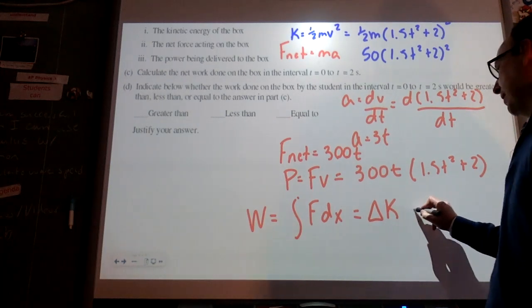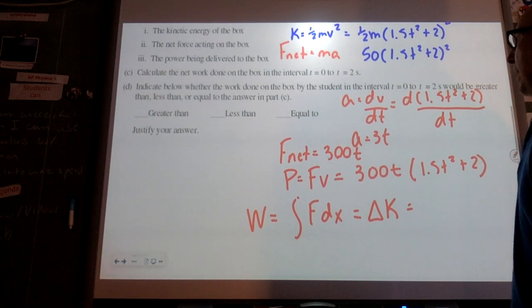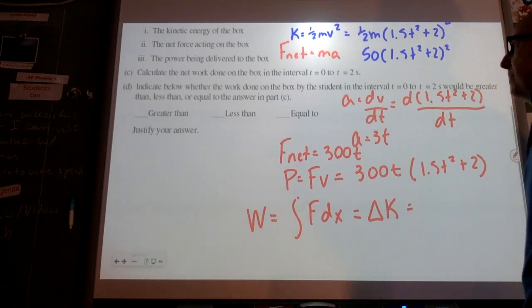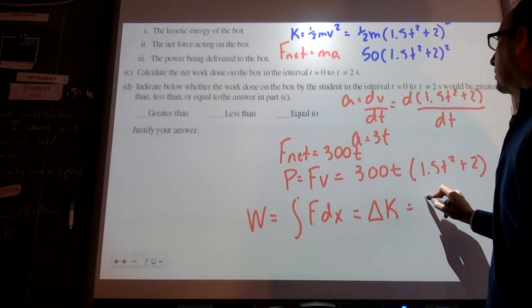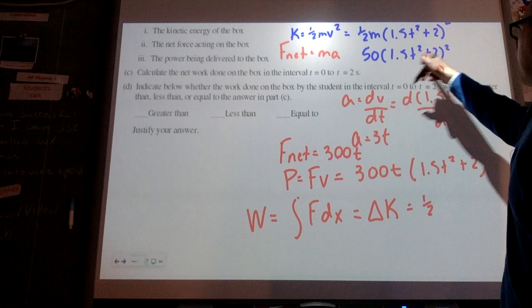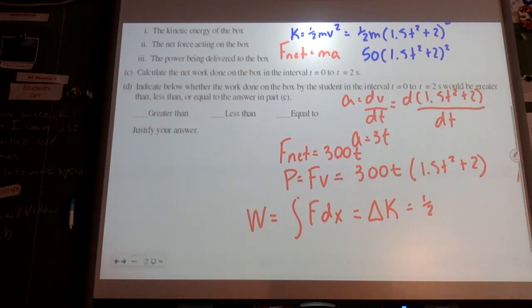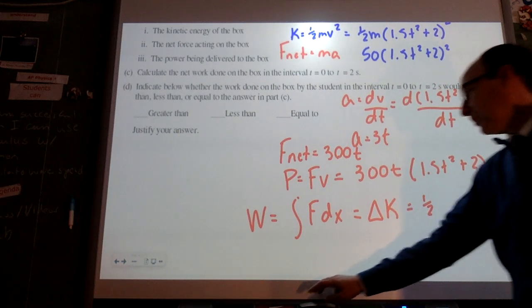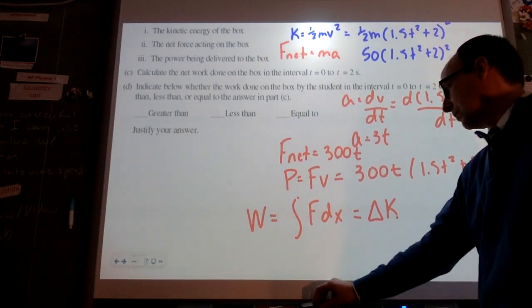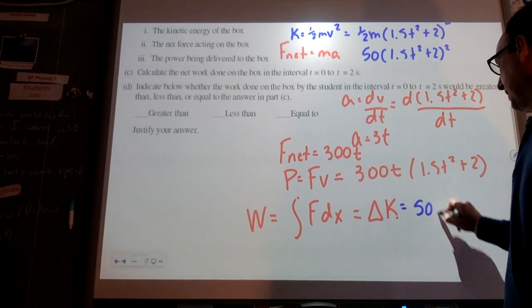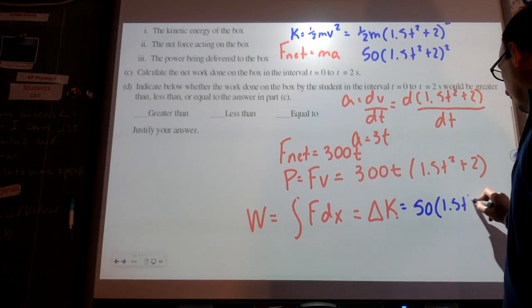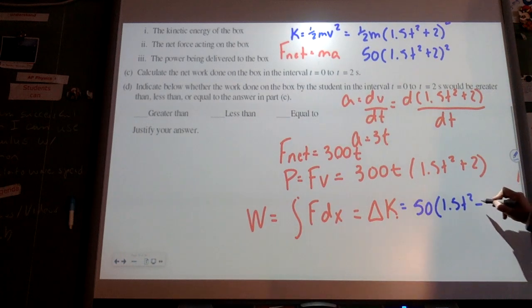So I'm going to have 1/2 mv squared minus 1/2 mv squared. Our kinetic energy is equal to 50 times 1.5 t squared plus 2, squared.